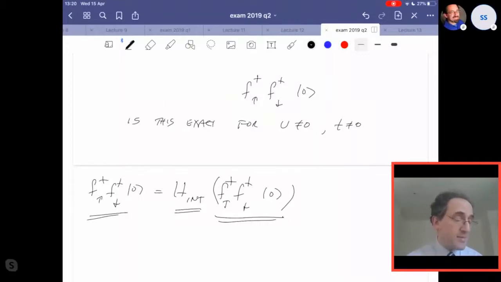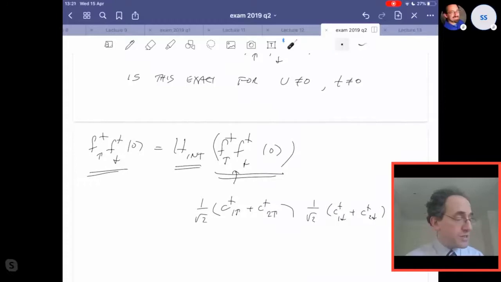Okay, let's write it out in terms of the c's. It'll be c dagger 1 up plus c dagger 2 up, 1 over square root of 2, 1 over square root of 2, c dagger 1 down plus c dagger 2 down, all on 0.